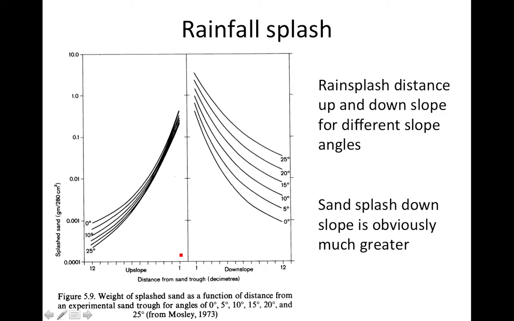You can see that there's a little bit of material being deposited upslope, more when it's flatter, and a little bit less when it's steeper. But when you increase the slope, you get more being deposited in the downslope direction. So with a slope, there's still bias in which direction the sediment is being transported.